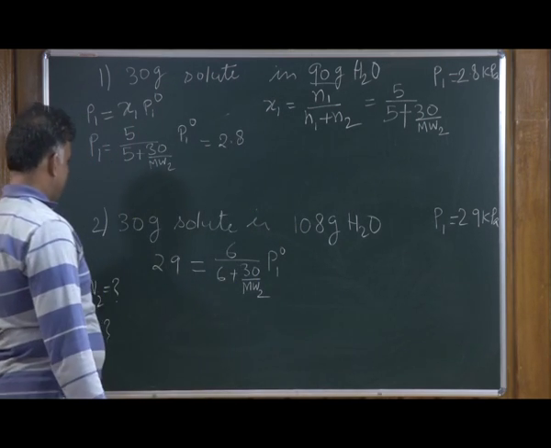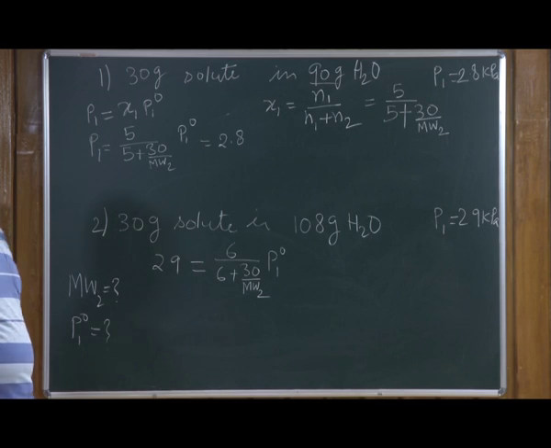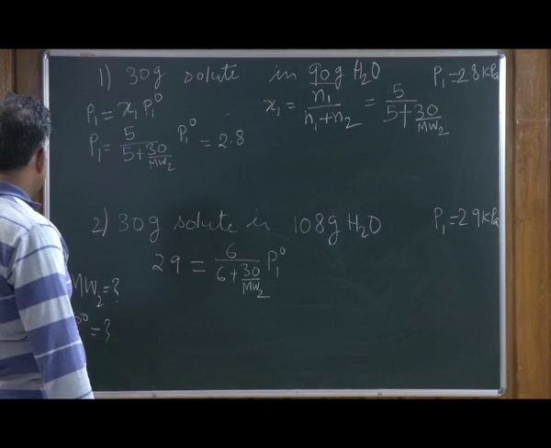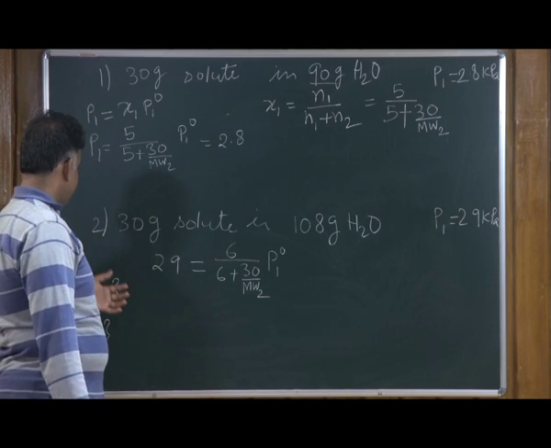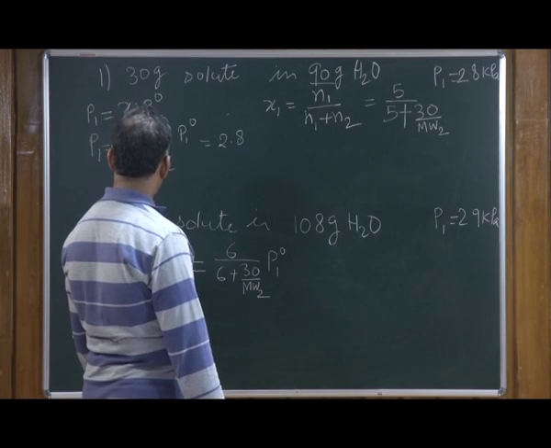So, we have 2 equations and 2 unknowns. Simply divide equation 1 by equation 2 to remove one of the unknowns.